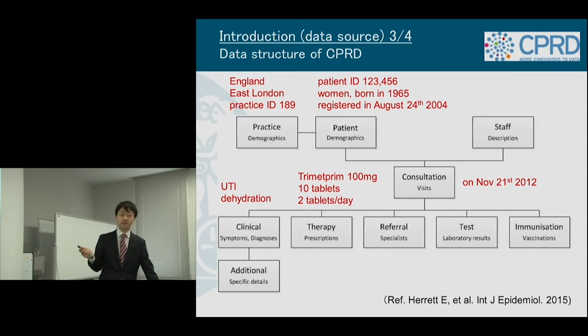And if GP measured and recorded blood pressure, this is also recorded, but not every time. So like this, the data are stored separately. And if researchers want to do a study, so they split and merge these data sets into a single data set for analysis, like we do in Japanese JAMDAC database.